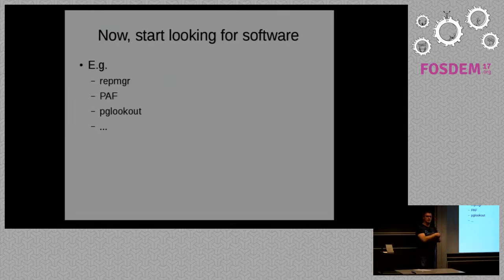Yeah, it's for Pacemaker, so it's Postgres automatic failover. That looks promising. Pacemaker itself has a Postgres resource, but that will mangle with your postgresql.conf. You probably don't want that. pglookout, I actually don't know. I've got that from the wiki.